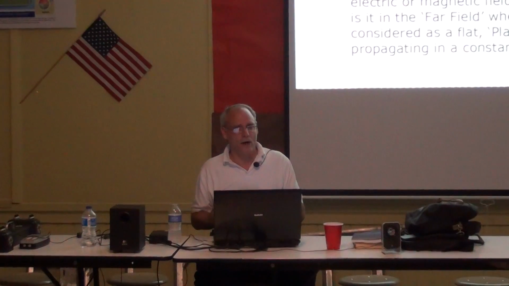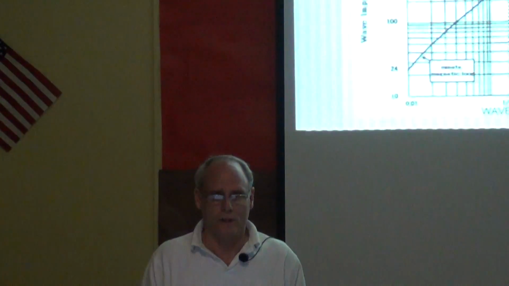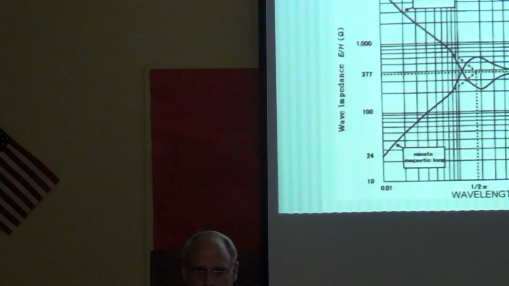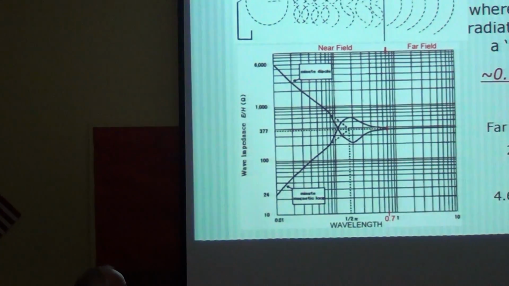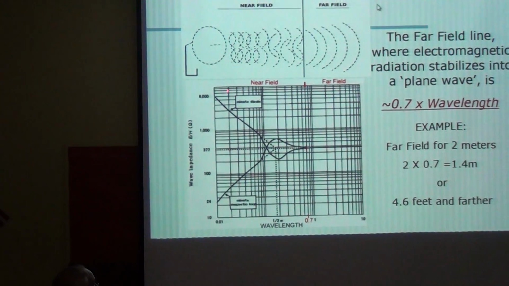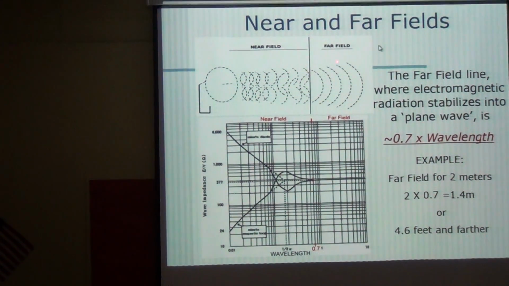There are also external factors that impact shielding effectiveness that are outside the design of the shield itself: the incoming frequency, and the location of the shield in relation to the source of the radio frequency. I'm going to blow through this quickly, but in an antenna situation, you have a near field and a far field.